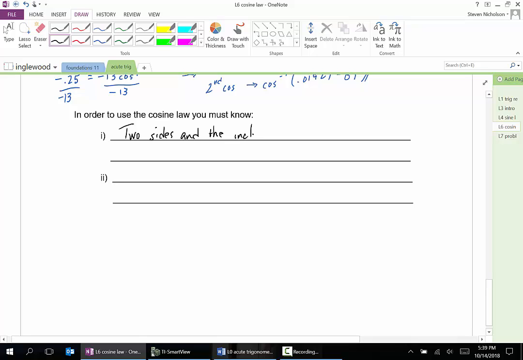An included angle is the angle between the two sides. So there's one example, just like one of the examples above. And the other time, just like one of the examples above, is when you have all three sides. So you have no angles at all, and if you have no angles, you have no matching pair.